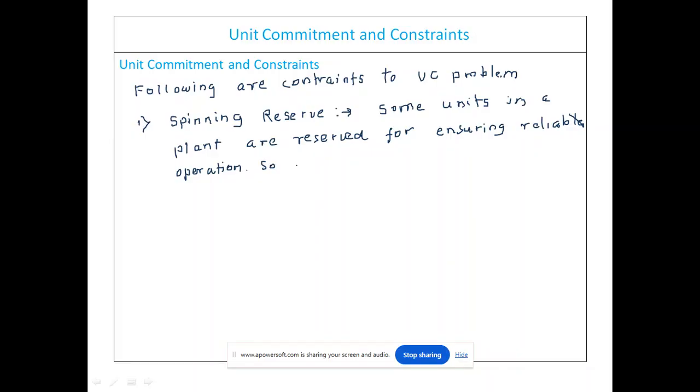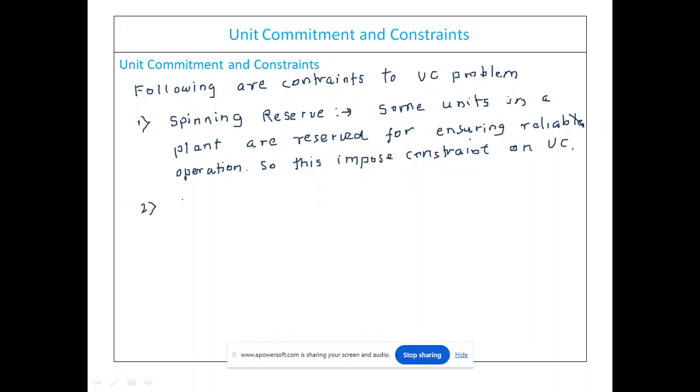So this imposes a constraint on unit commitment.